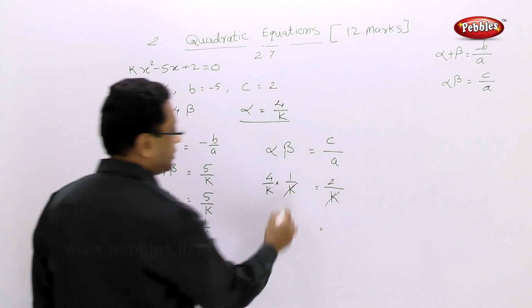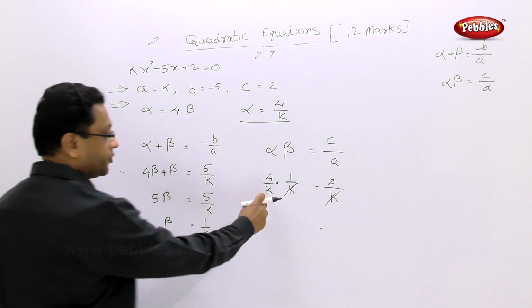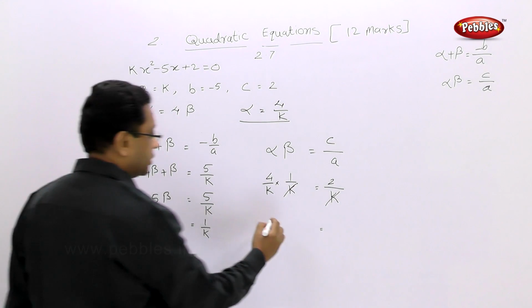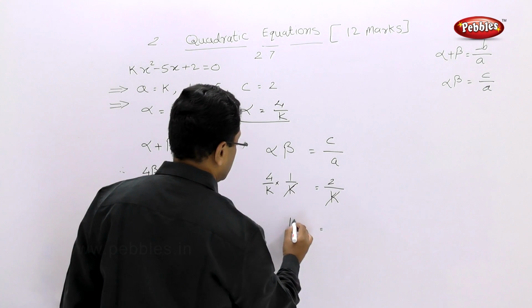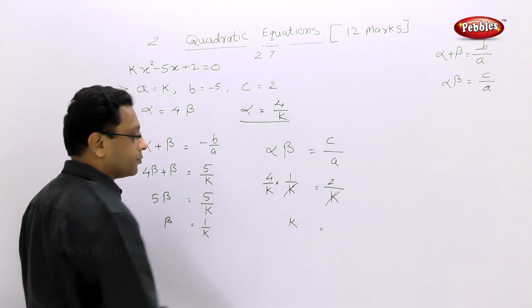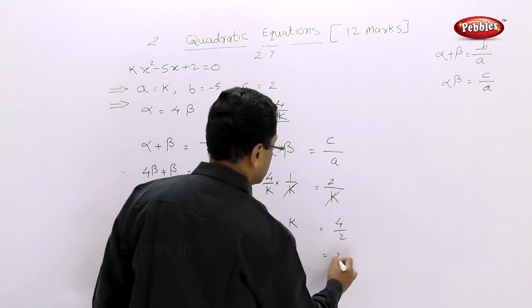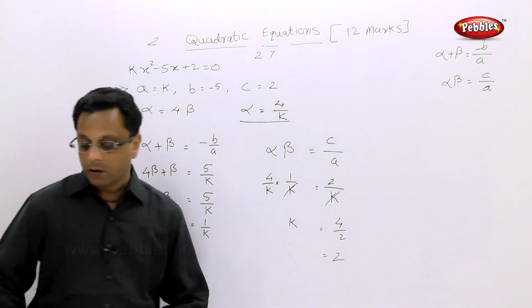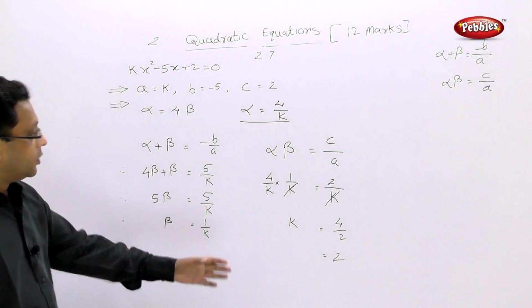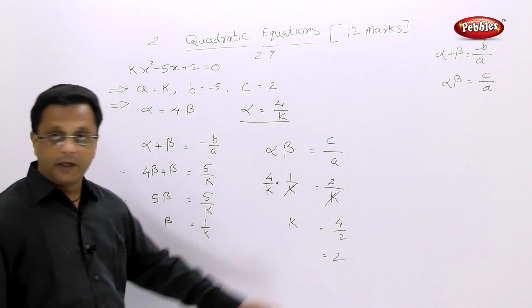So one k will get cancelled. Let us transfer this k here and 2 here. So k will be equal to 4 upon 2, that is 2. In this way we get the value of k is 2.